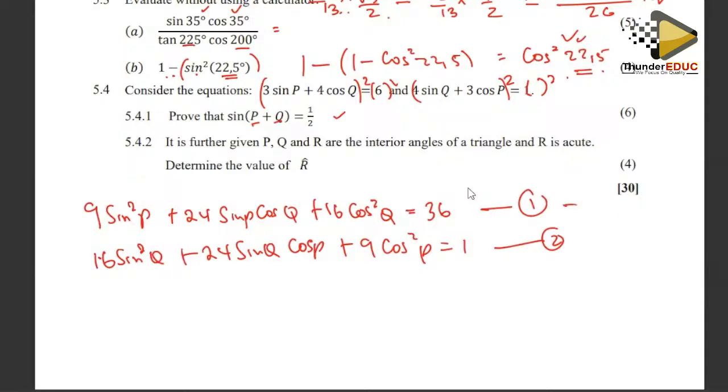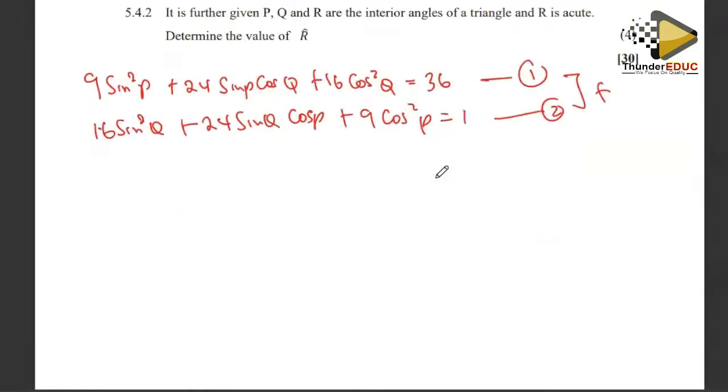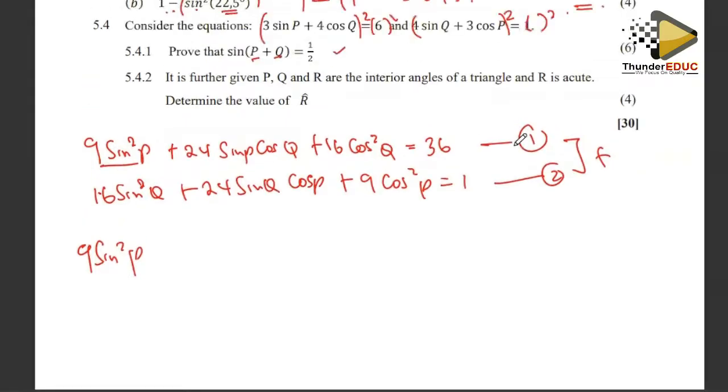Then I'm going to add the two equations together and see if I can get some like terms. Are there any like terms really? Cos squared q, sine squared q, there seem to be no like terms. Let's see, 9 sine squared p. This is different because it's a sine q and then a cos p. Is there anything common?